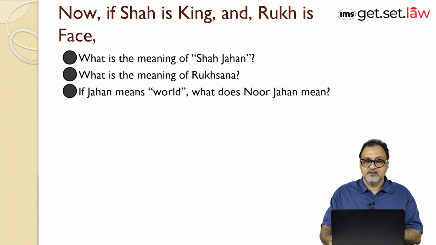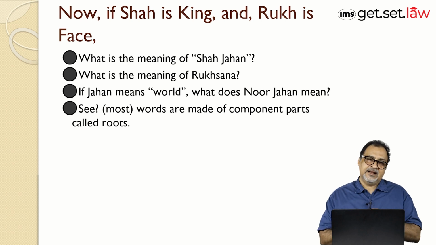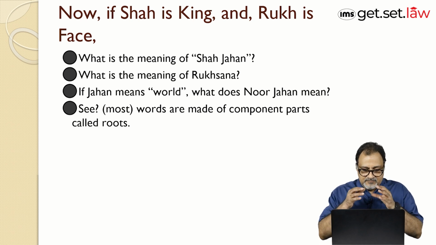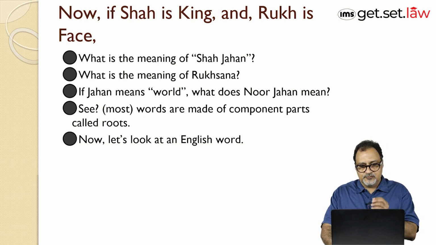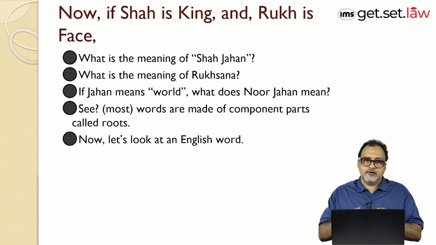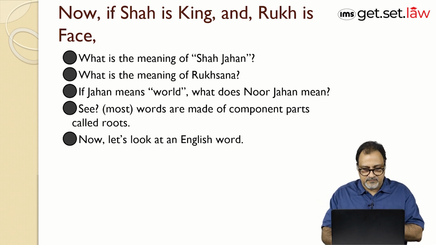Jahan, world. So the light of the world, the radiance of the world. Most words are made up of component parts called roots. And I think this is one of the most efficient ways of learning new words, because a lot of roots spawn a lot of words. So if I know that one root, I'll perhaps know 10 words.